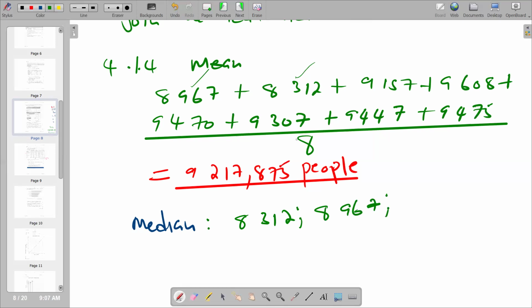Then from there, we check again, 9,157. Then from there, we check 9,307. And then from 9,307, we've got 9,447.